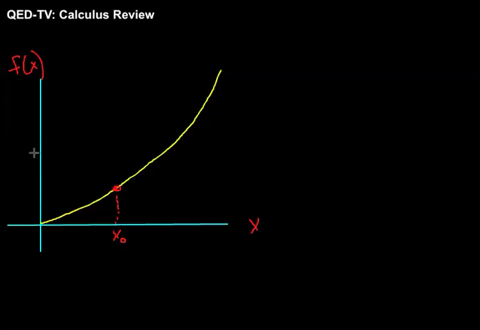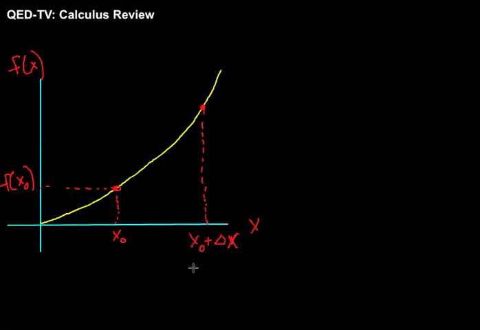What we're going to do here is take 2 points. We're going to take this point, x naught, and over here f of x naught would be our y value. And then we want to come out to a new point somewhere clear out here. If I take that down, this is going to be a certain x difference later. So we could call this x naught plus some delta x, some change in x from here to here.